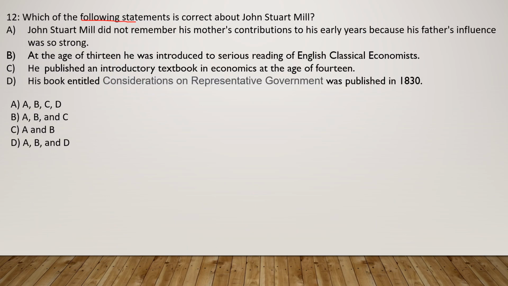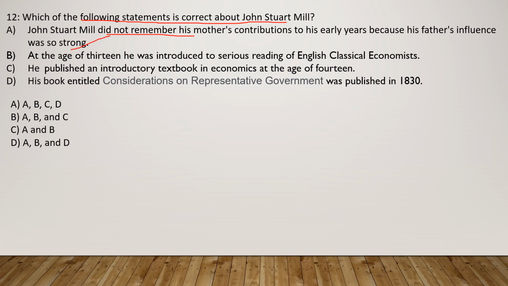Which of the following statements is correct about John Stuart Mill? A statement-based question is also often asked in competitive exams. For solving this type of question, you must know about all the statements precisely. John Stuart Mill did not remember his mother's contributions to his early years because his father's influence was so strong.